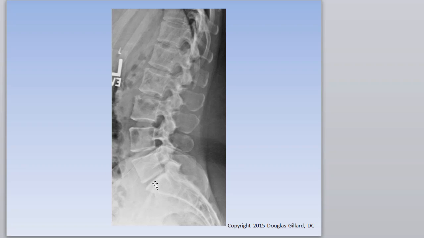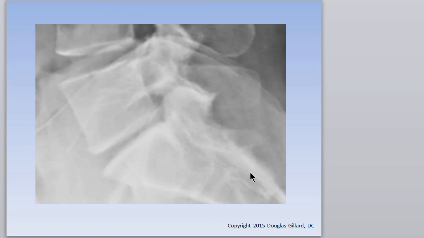The discogenic spondylosis, remember we talked about that? And what is that? See the sclerosis here, the end plates? That clogs up those marrow channels, right? The marrow channels are needed. If the marrow channels get clogged with this osteosclerosis, this thickening here, the disc cells literally starve to death and they don't produce proteoglycans.